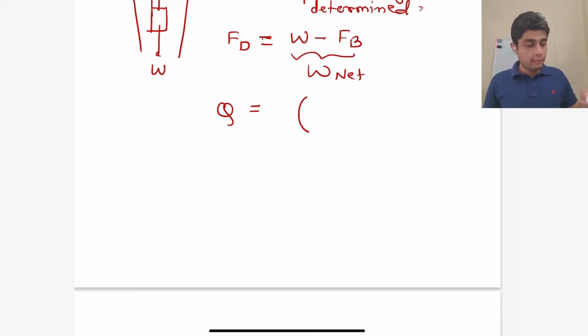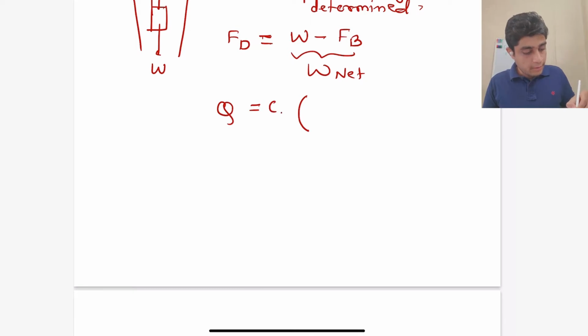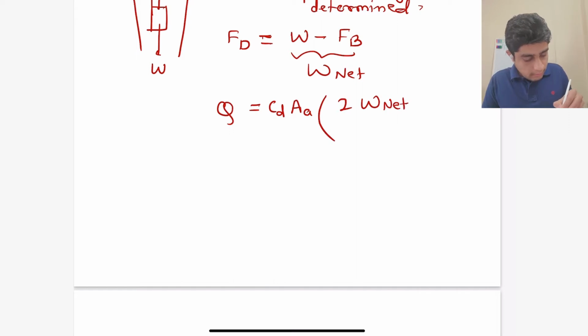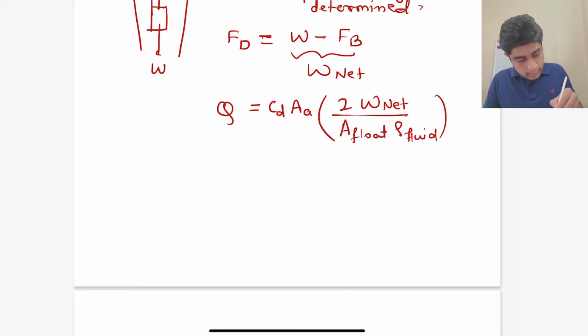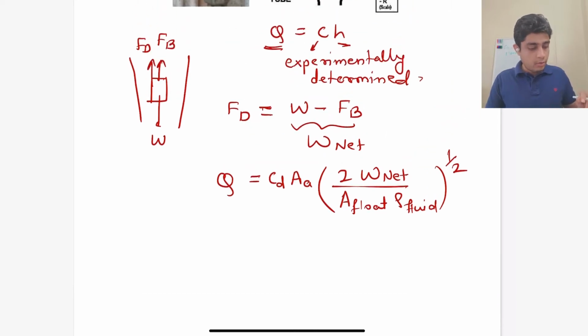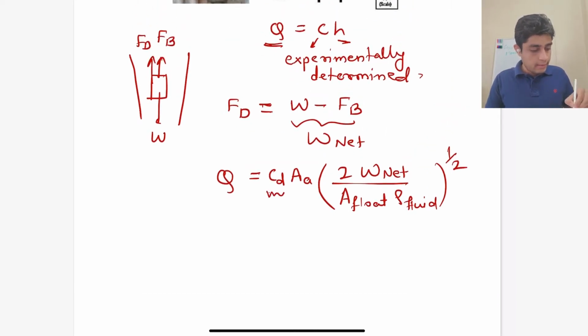The flow rate is equal to the coefficient of drag times the wetted area of the float times the square root of 2W net divided by the area of the float times the density of the fluid.